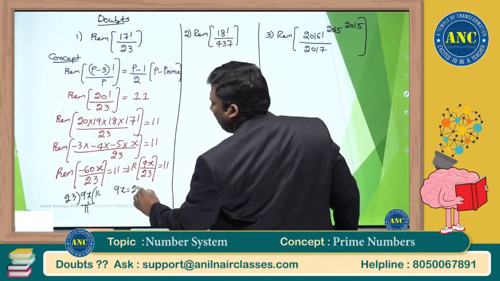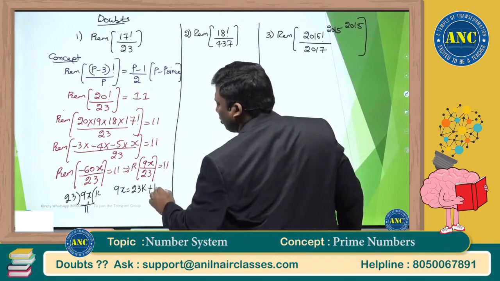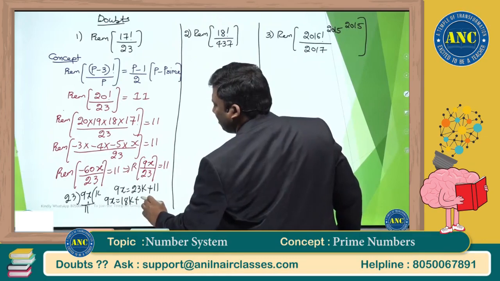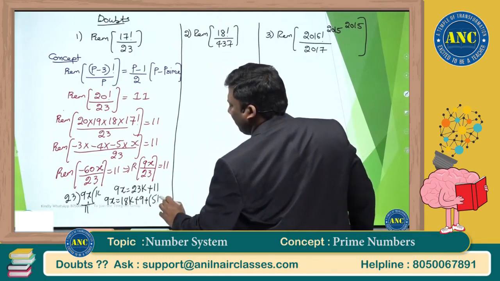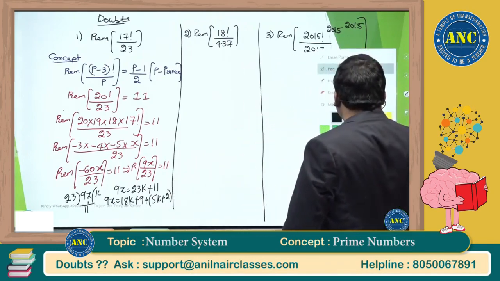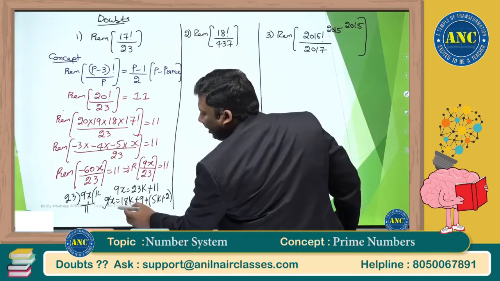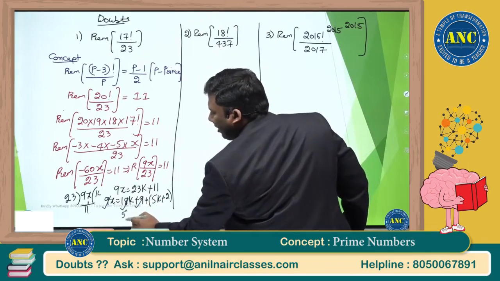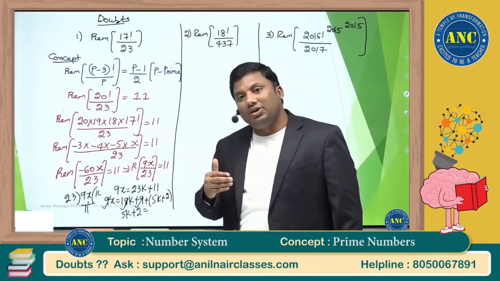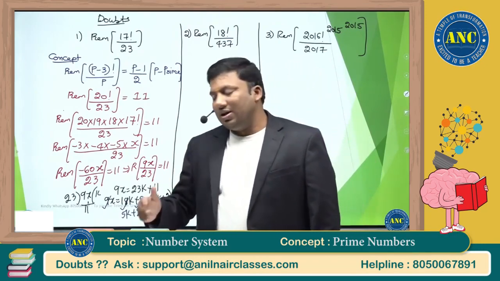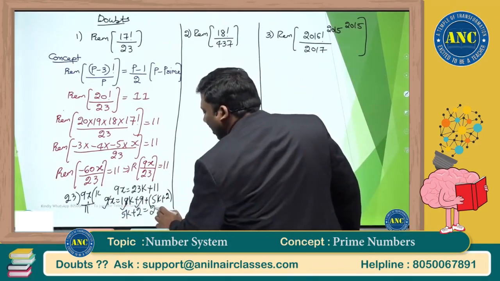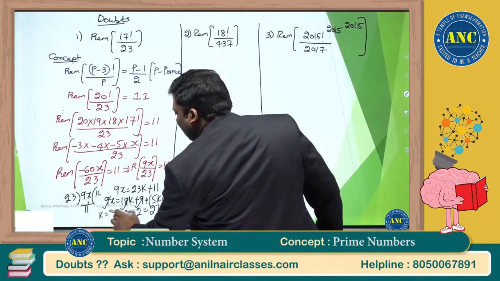So dividend equals divisor into quotient plus remainder. So 9x is 18k plus 9 plus 5k plus 2. 18k plus 9 is divisible by 9, so 5k plus 2 should be divisible by 9. 5k plus 2 equivalent to 9, then k will be a fraction. 5k plus 2 equals 18, k will be a fraction. 5k plus 2 has to be 27, so k is 5.